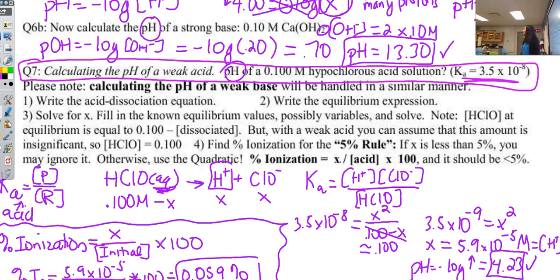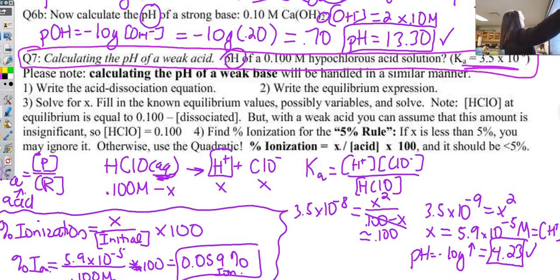The only difference is now they're giving us a Ka. And if they're giving you a Ka, that probably means what? It's a weak acid. Okay? If they give you a Kb, then it's probably a weak base. Not probably. It is a weak base. So if they give you a Ka, it's a weak acid. All of this information is just extra stuff, but I want to talk about percent ionization, and I think that's the last thing that we had in this unit.